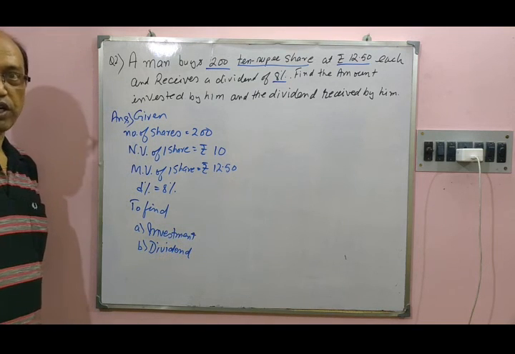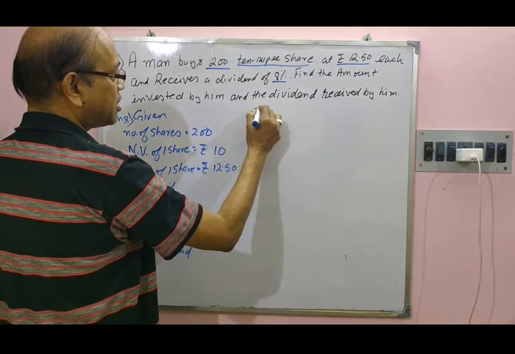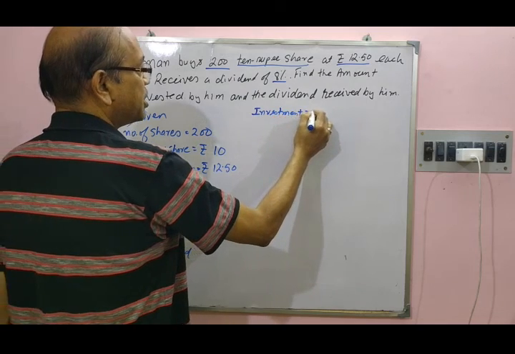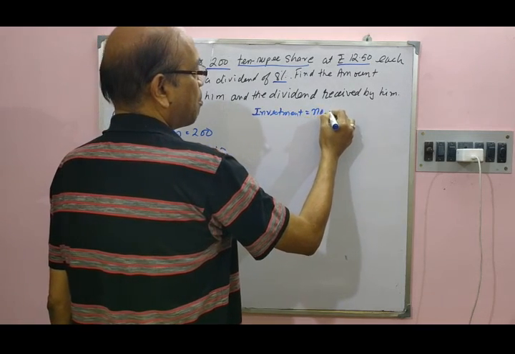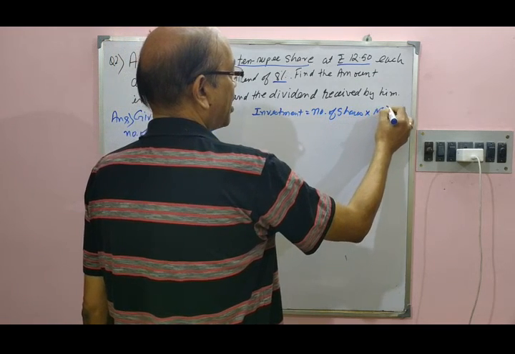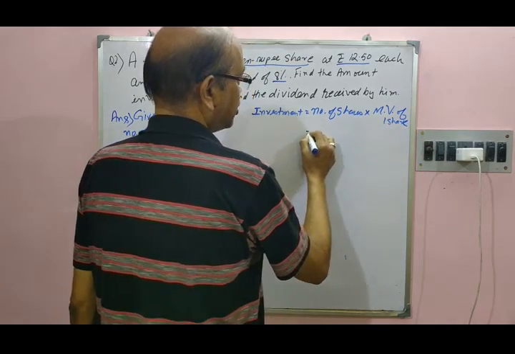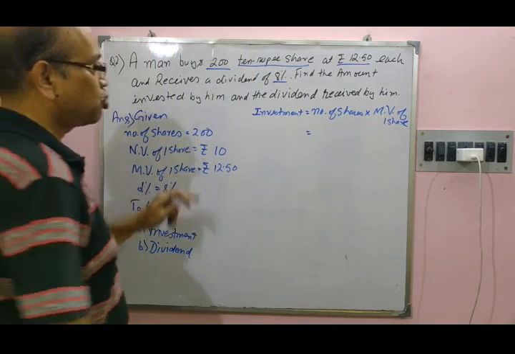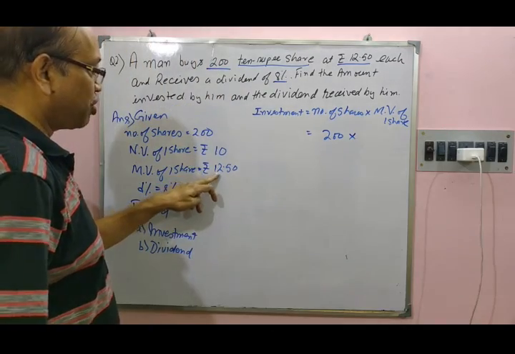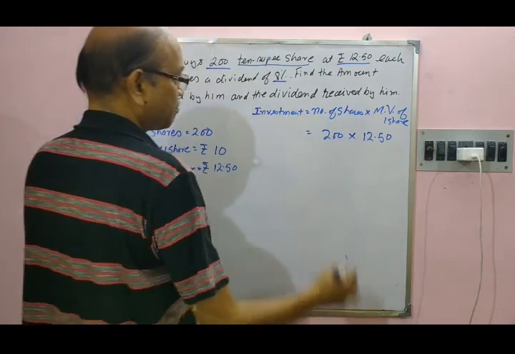B, dividend or annual income. First, what is the formula for investment? Investment is number of shares into market value of one share, and that is equal to number of shares, which was how much? 200, and market value of one share was 12 rupees 50 paise.